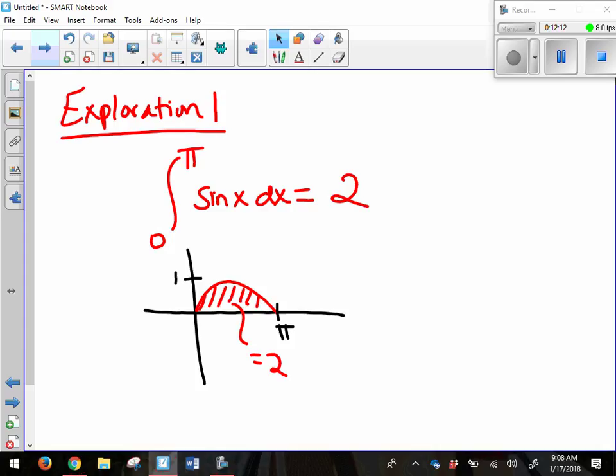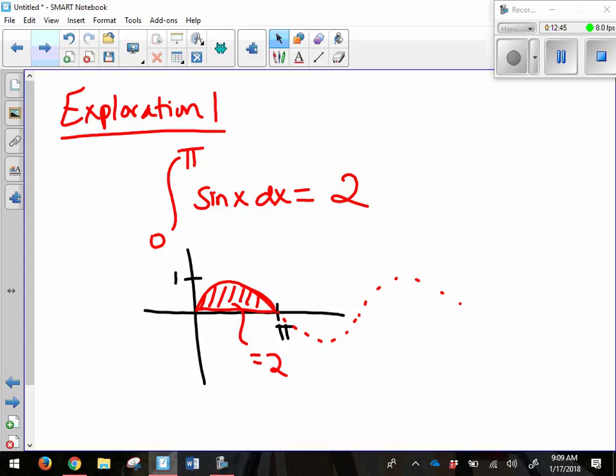Now this is pretty powerful and important because this shape repeats itself all the time. It will repeat itself within the sine function, because the sine function is going to continue like this. It also appears in the cosine function. So anytime I see that shape, I know that I have an area of 2.